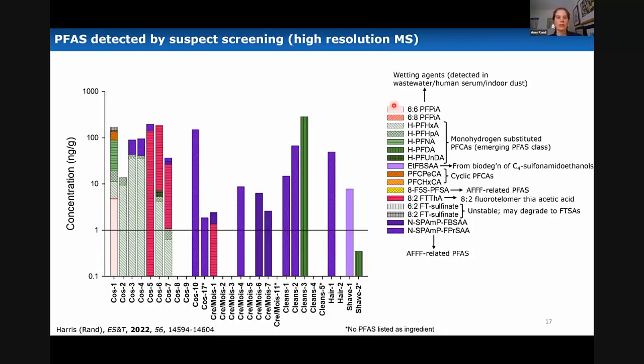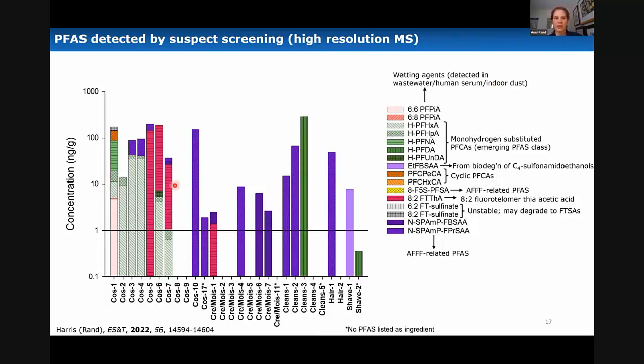So what we noted was that in cosmetic 1, there were levels of perfluorophosphinic acids detected. These are typically known as wetting agents and have been previously measured in matrices like wastewater, human serum, indoor dust. So another question, are cosmetics a potential source of this environmental and indoor contamination?